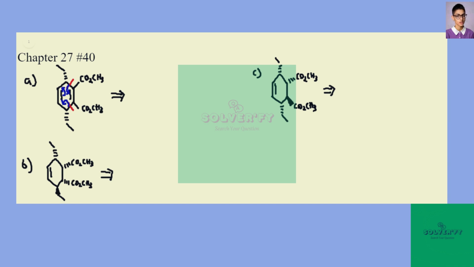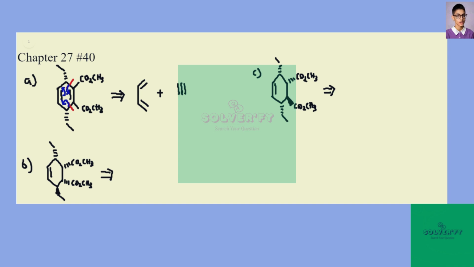And so now that we know the bonds that are breaking and the way that electrons are moving, we can go ahead and start to fill in what our starting materials are going to look like. So we're going to have a backbone that looks like that, and then we will have a backbone that looks like this with the alkyne, the triple bond.